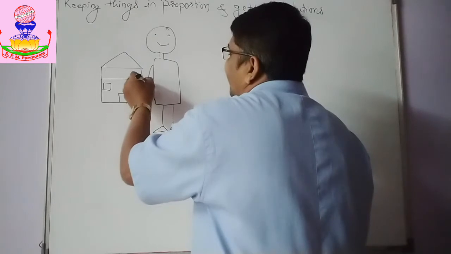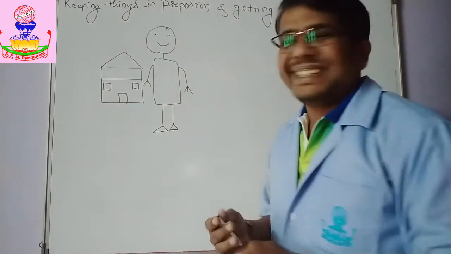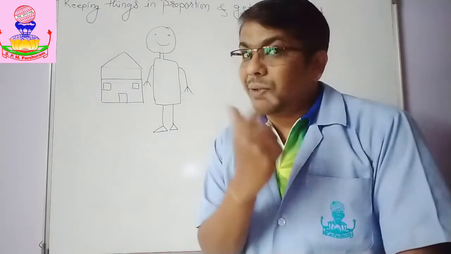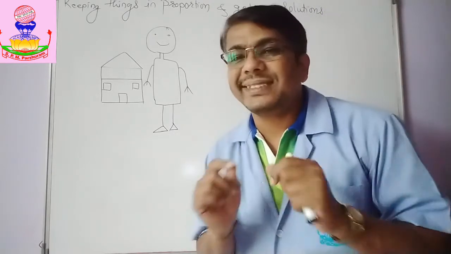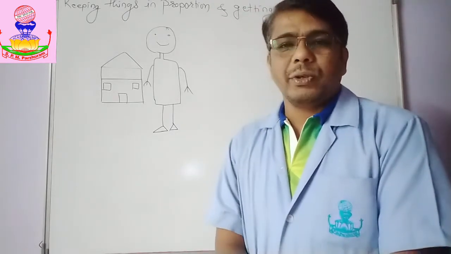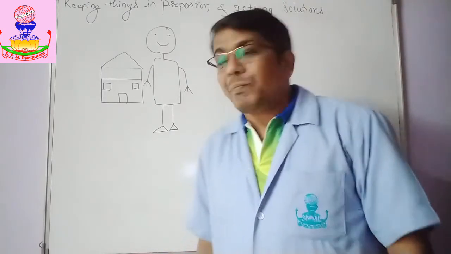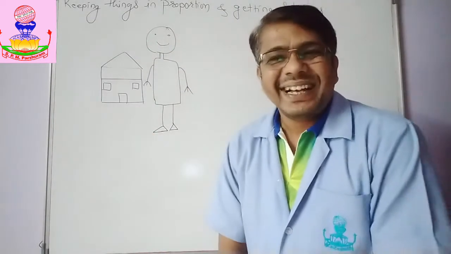Now, is it correct? So first question, is this figure or the diagram Aryan has drawn, is it right? What do you say? Arey Aryan, how is this possible that your friend is bigger than the house?